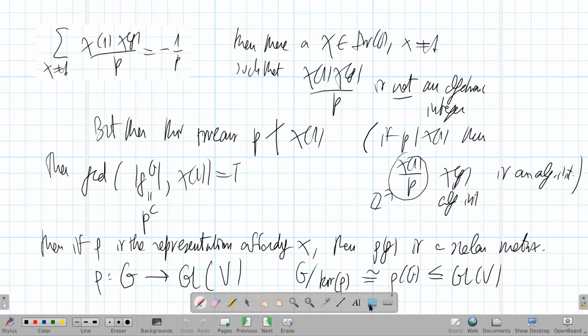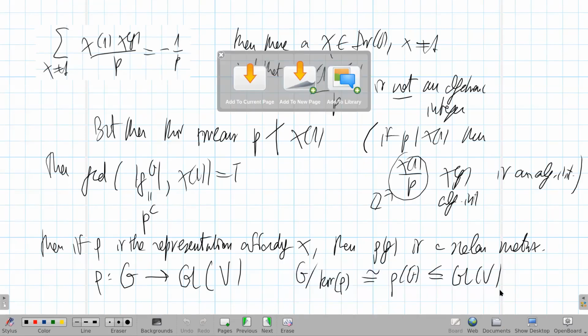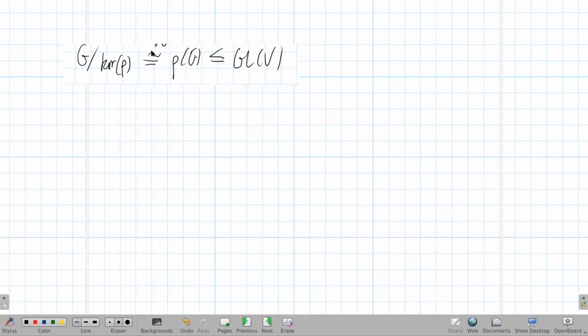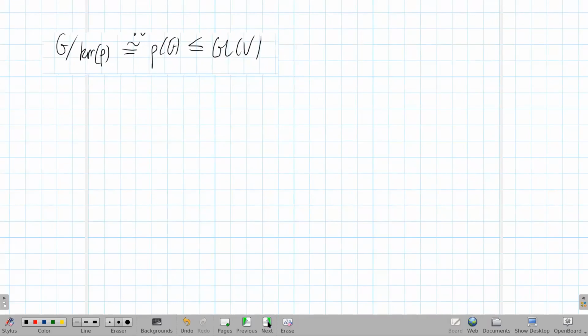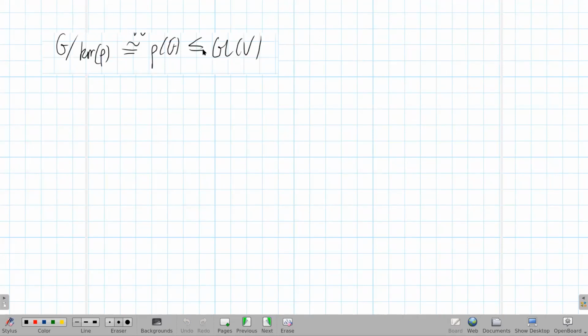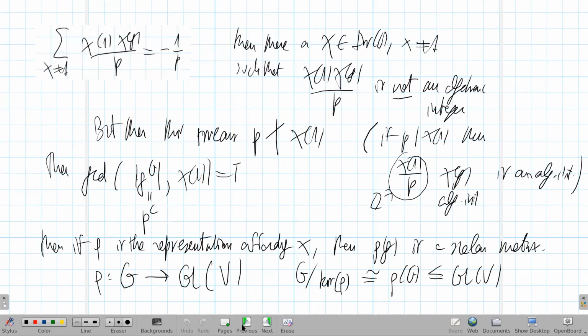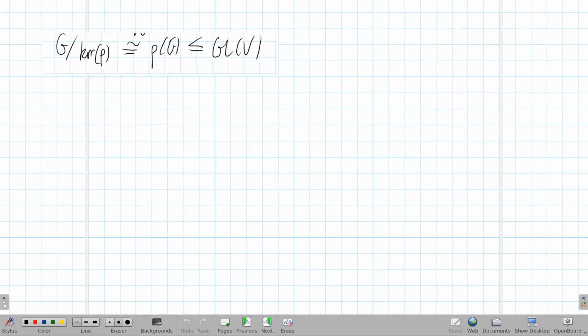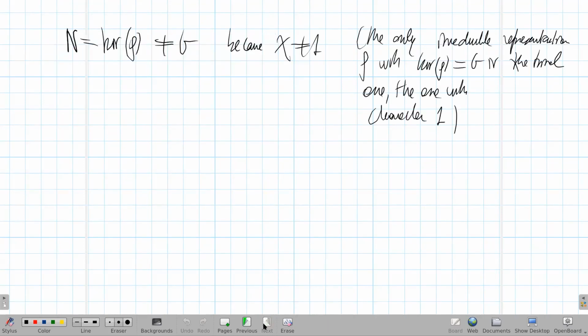This is the day of copying things from one board to the next. Just a second, let me see how I organize things. Well, let's forget about this.